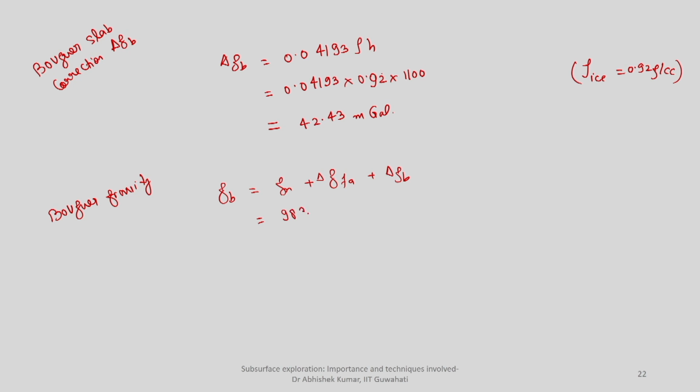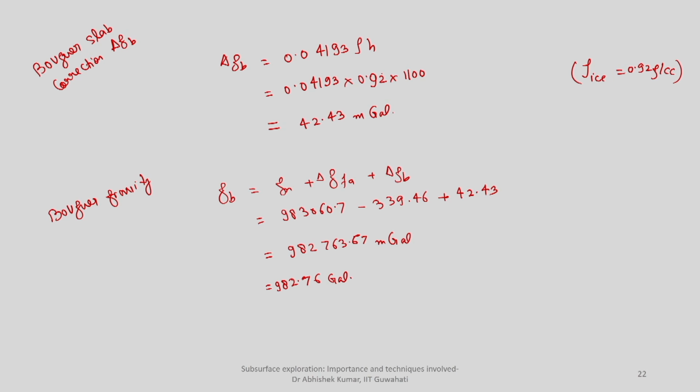So, 983,060.7 minus 339.46 plus 42.43, this is going to give you the value of 982,763.7 milli Galileo or 982.76 Galileo. So, this is your actual gravity at the site of interest considering your location and other parameters.